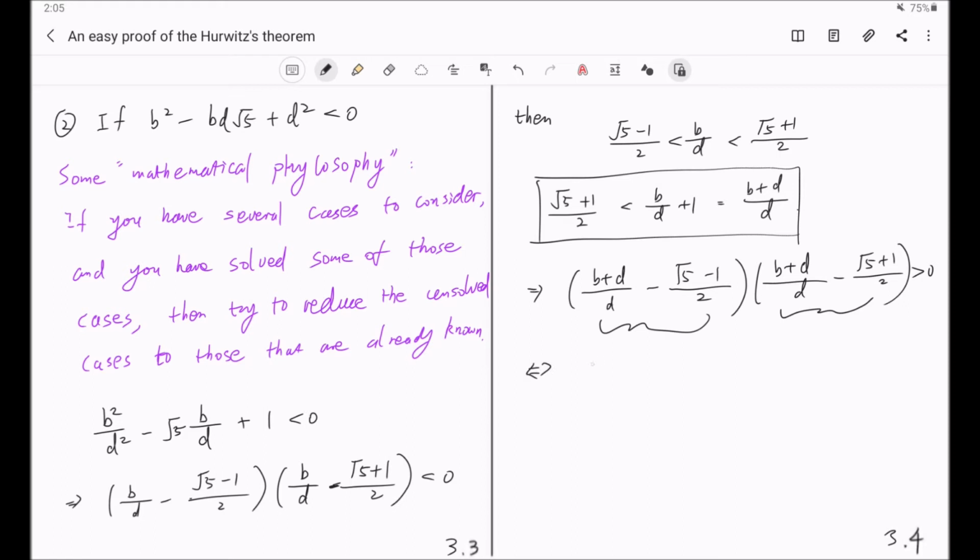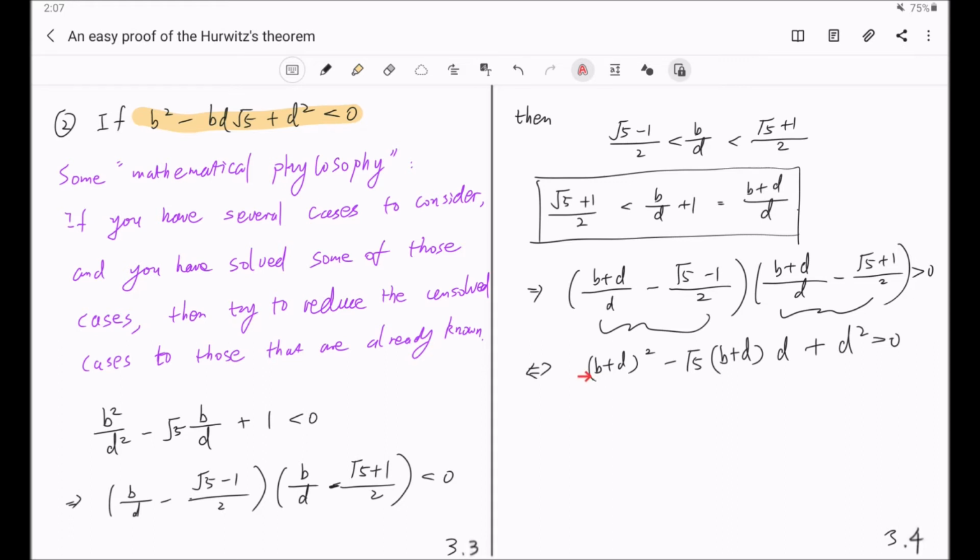But this gives you another homogeneous inequality, which is b plus d squared minus square root of 5 times b plus d times d plus d squared greater than 0. And now, one more observation. Notice that in this homogeneous inequality, the positions of b and d are equivalent, which means you can always flip b and d.